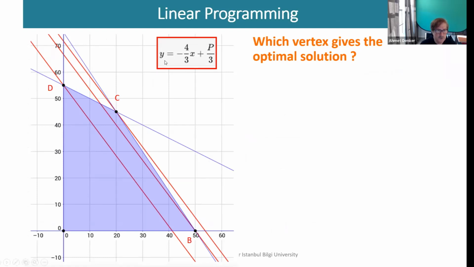We had drawn these lines with slope of -4/3 and looked at the lines which are going through these vertices, and we checked that the one going through the C vertex has got the largest y-intercept. So this should be the C, should be the point which gives us the optimal solution.